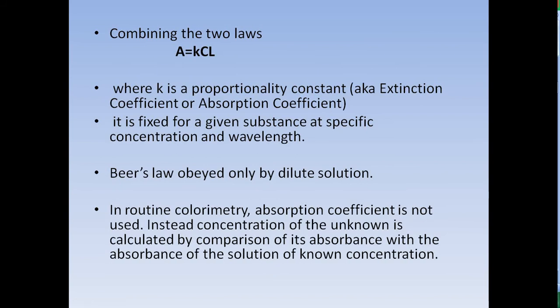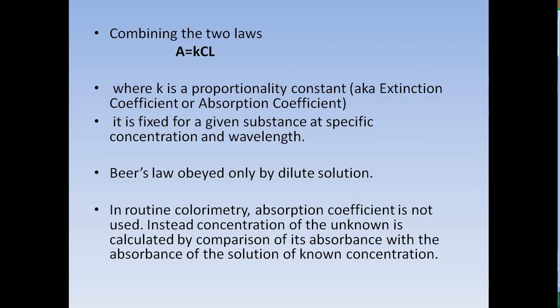Now combining the two laws, we can write absorbance A equals KCL. C is the concentration, L is the length of the path through which the light passes through the solution, and K is a proportionality constant.